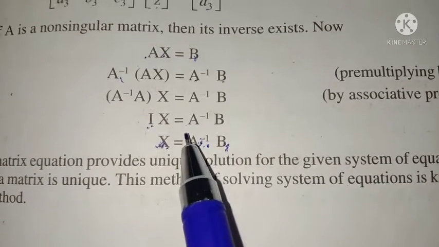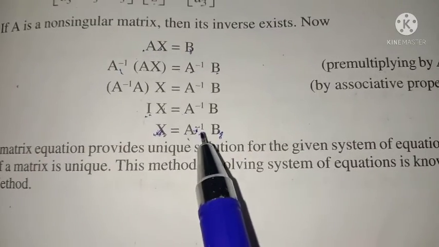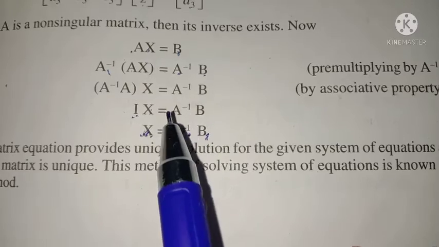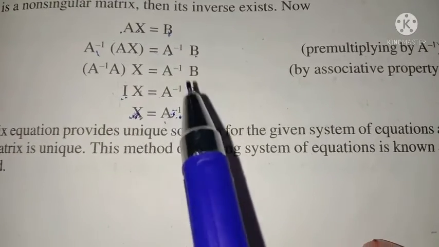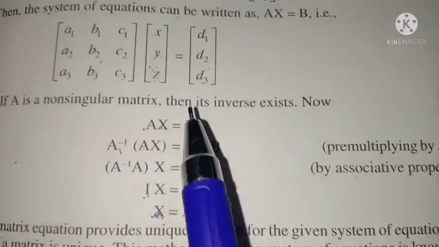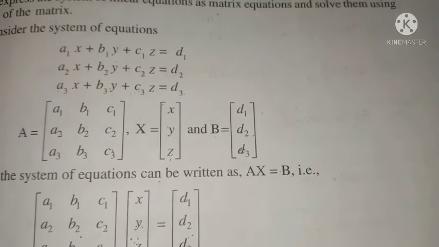This method of solving a system of equations is known as the matrix method. So children, in this video we are going to discuss how to solve the system of equations using the matrix method.